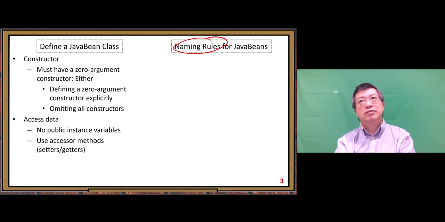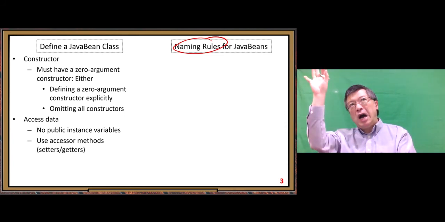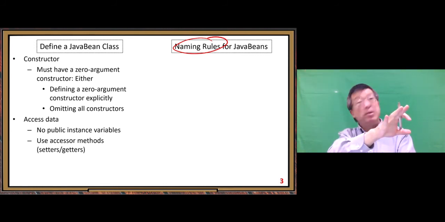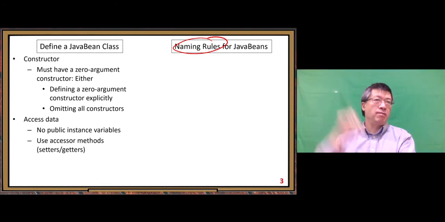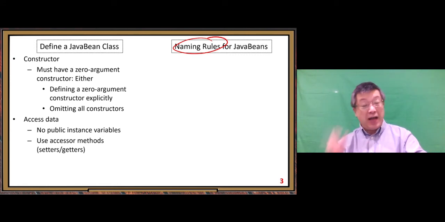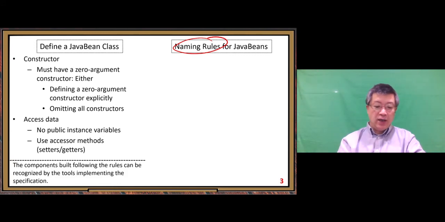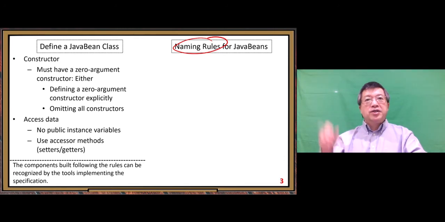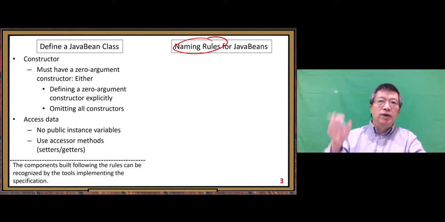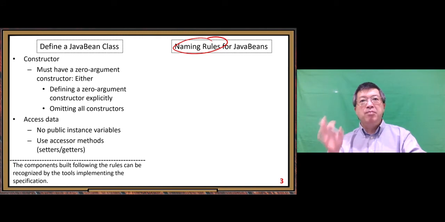Otherwise, data binding breaks, and possibly some other tools using the JavaBean specification also break. So the components built following the rules can be recognized by the tools implementing the specification.